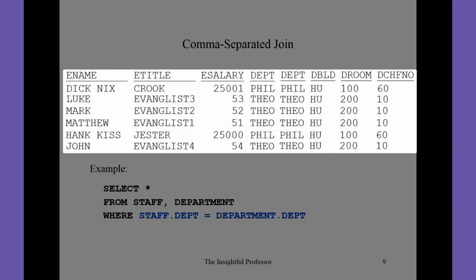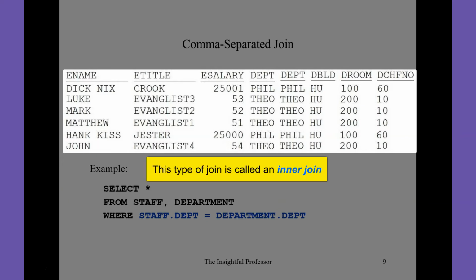The rows that do result from this type of join constitute what is referred to as an inner join. Only the rows that materialize as a result of satisfying the join condition will be preserved or appear in the result table. That's the nature of an inner join.